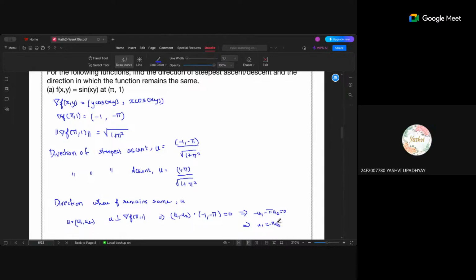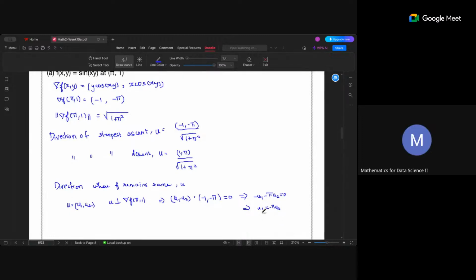Correct? Yes. So now what is the unit vector in this direction? How will you find it? Suppose I am taking u2 equal to 1. If u2 is equal to 1, then what is the value of u1? Minus pi. So now what is the unit vector in this direction?